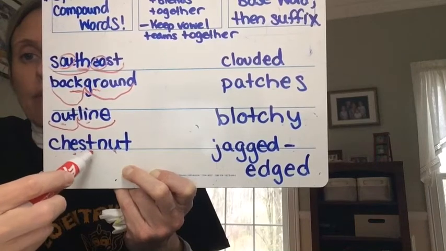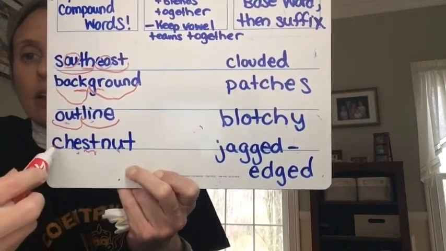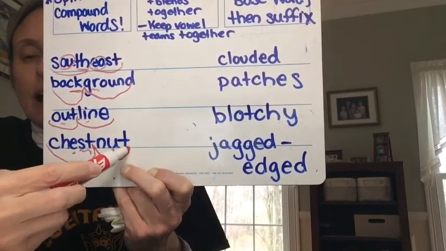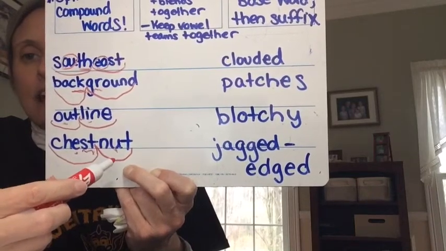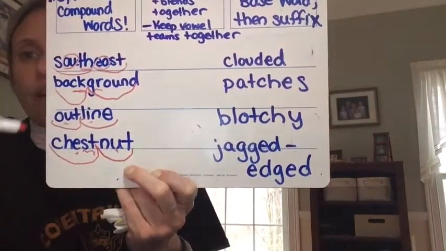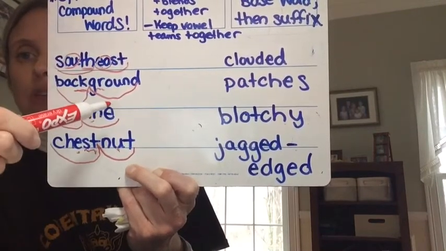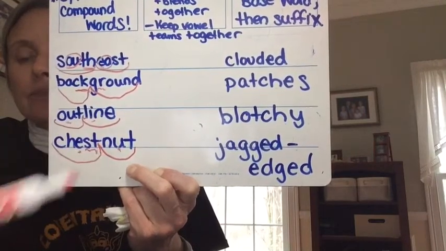Where do I break it up? Well, ST is a blend, so I'm going to want to keep that together. So I'm going to break it between these 2, the blend and the consonant. So nut, chestnut.